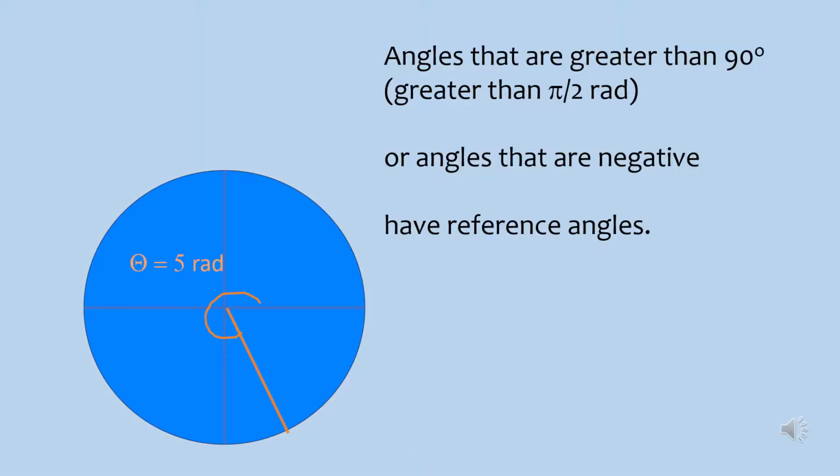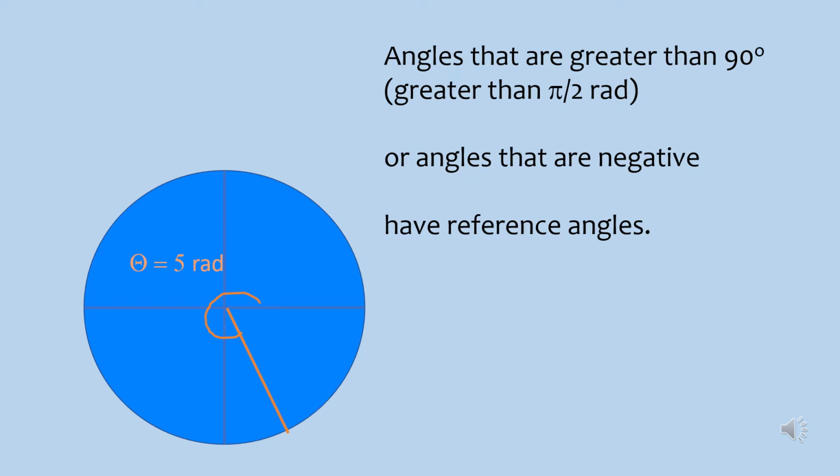The idea of reference angles holds the same if you're measuring in radians. Here we have an example of an angle that is 5 radians. Remember, 1 radian is the angle such that the arc length along the circle is the same as the radius of the circle. And 1 radian is a little bit more than 57 degrees.